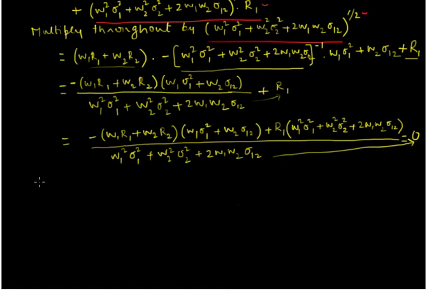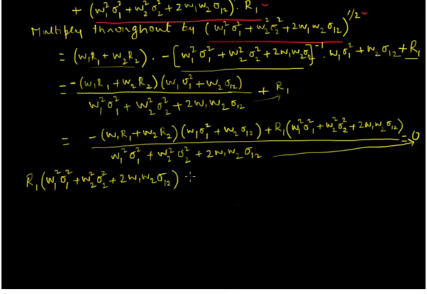We are going to have now, I'm going to write this term first because this is the positive term, R1 times W1 squared times variance of 1 plus W2 squared times variance of 2 plus 2 times W1 times W2 times covariance between 1 and 2.